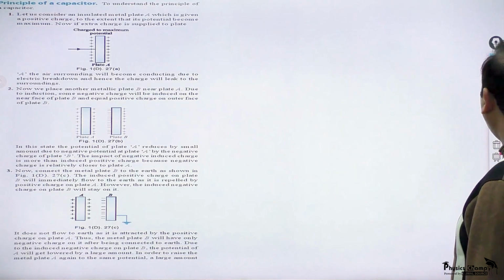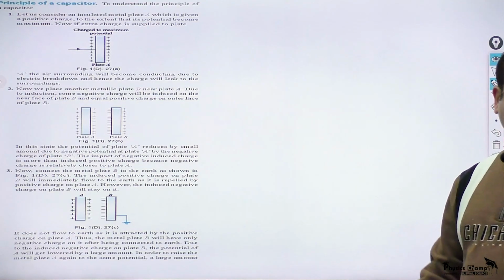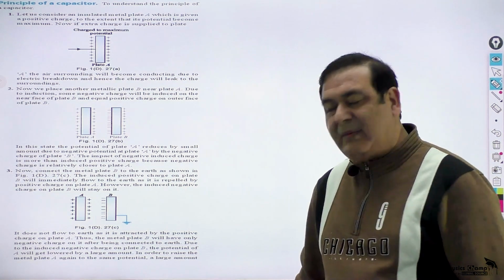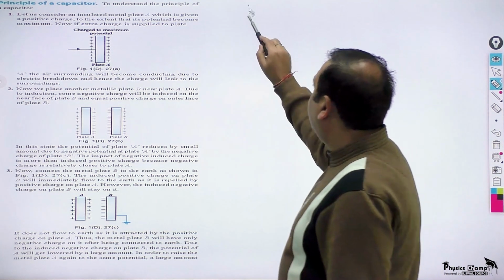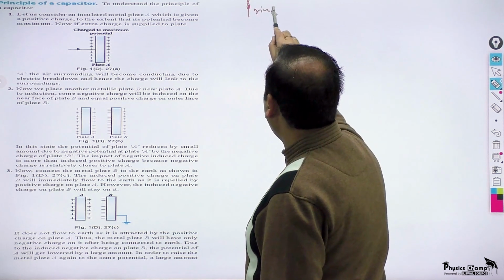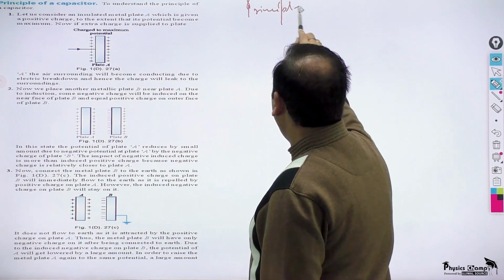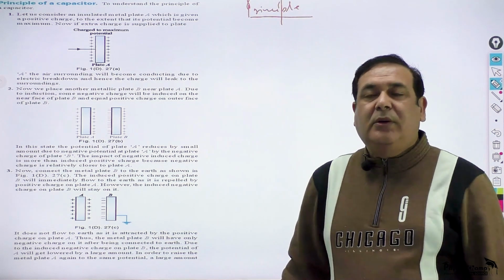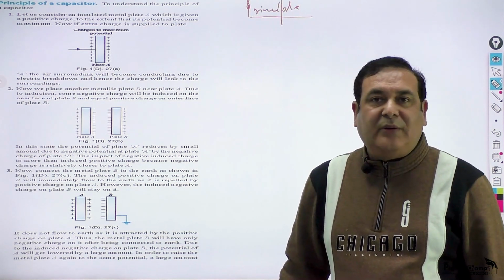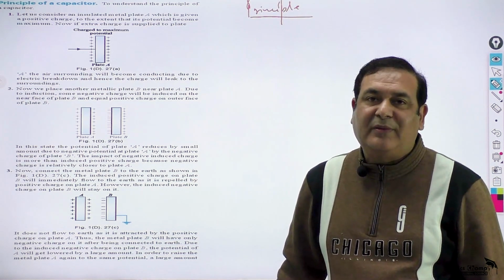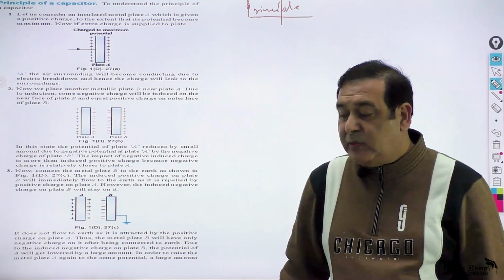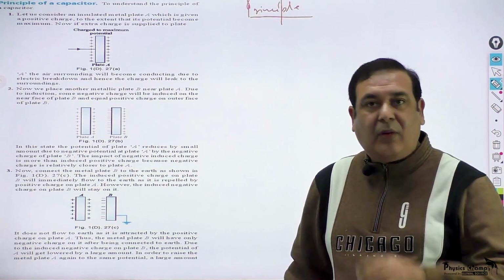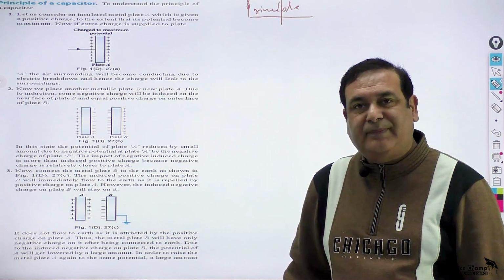Now moving ahead, I can now talk about principle of a capacitor. So as I said, this is something which is very important to understand how it is possible to store maximum amount of charge in the smallest space, because those spherical conductors, they are not solving our purpose of high storage of charge.